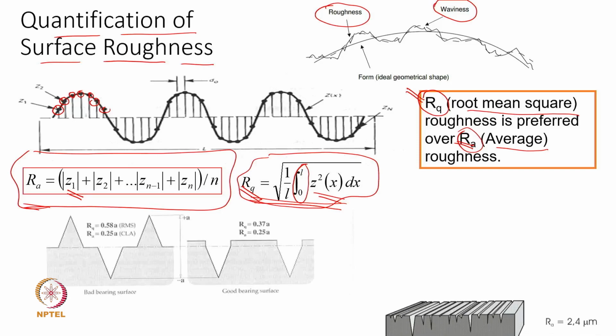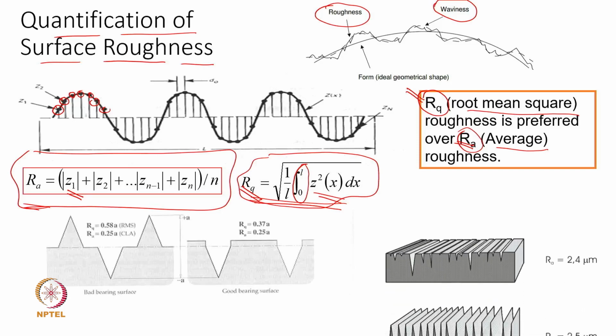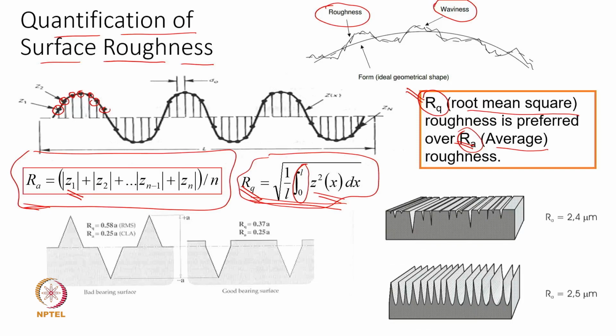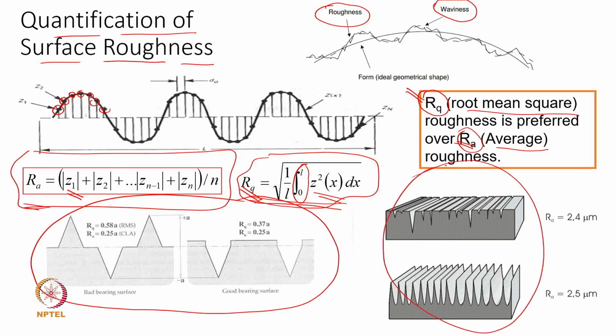Just to differentiate these two, or maybe just to elaborate on what I said, I am showing two figures. This is figure 1 and this is figure 2. You can see here in figure 1, we are showing the bad bearing and good bearing. In both cases, the Ra value is 0.25. It can be angstrom, it can be micron, it can be nanometer, but the Ra value is the same.